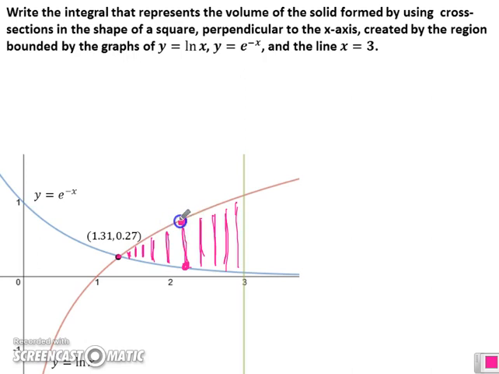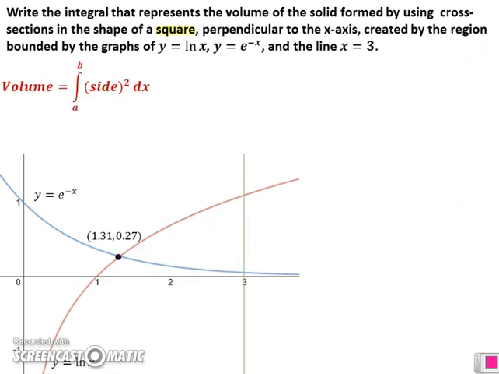So two lines shooting out towards you from the computer screen, and then you're going to connect them with another vertical line. So that's the square that you're creating. So this distance, these pink lines that I drew, represents the side of a square.